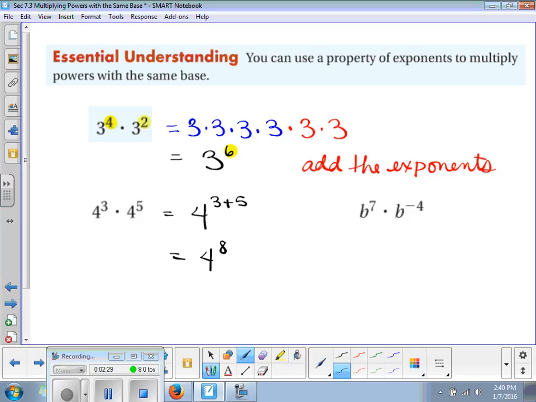And that's it. So on this one, we have b to the 7 plus negative 4. Okay, and this is how I want you to show your work, okay? So, b to the 7 plus negative 4, we get b to the 3rd.